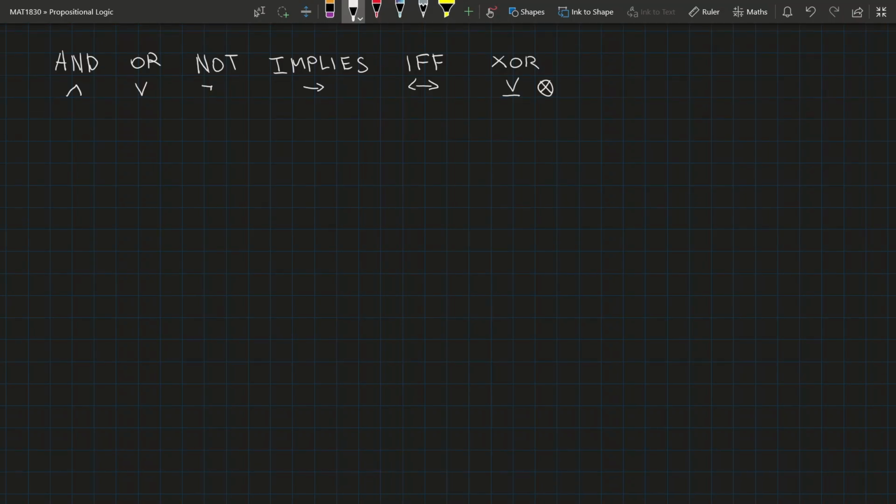So, and is only true if P and Q are true. So both P and Q are true.